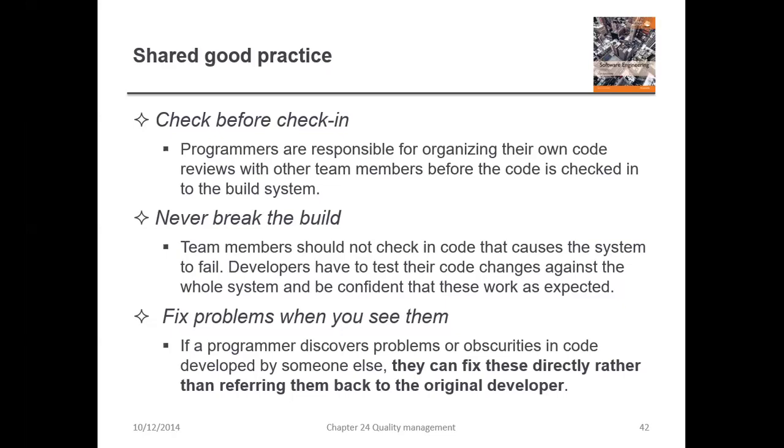The first one says you should check before you check in. What that means is that if you're working on a part of the system, before you add it to the whole system or existing one, you need to check it before you do that. Let me explain that quickly. Now, we know that agile guys develop systems in incremental fashion.